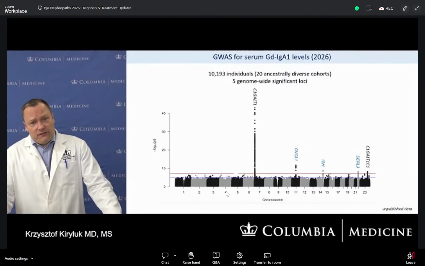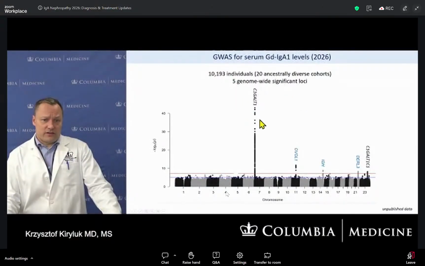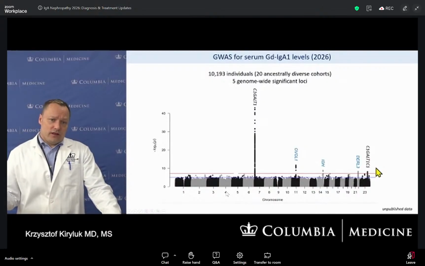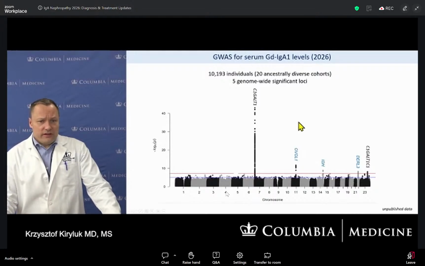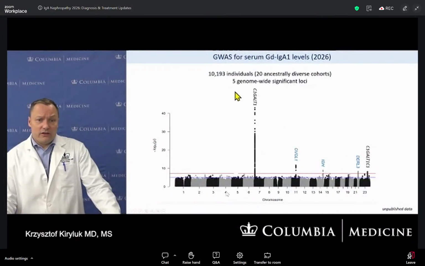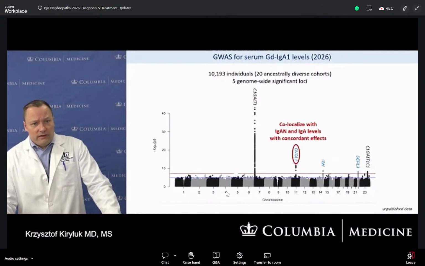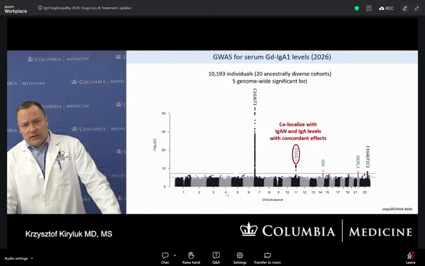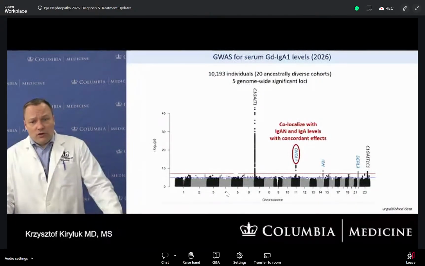And here we see 5 genome-wide significant loci, and some of the most prominent loci, such as C1GALT1 and C1GALT1C1, involve the enzymes that are responsible for addition of galactose to the hinge region of IgA1. Interestingly, these two loci are not associated with higher risk of IgA nephropathy, but we do observe some overlap between this GWAS and susceptibility to IgA nephropathy, and also increased IgA levels, again with concordant effects.